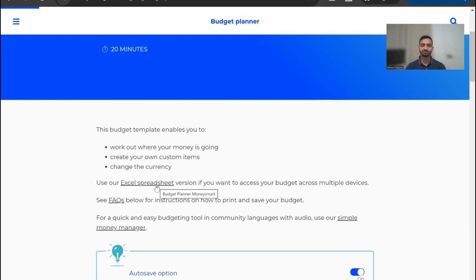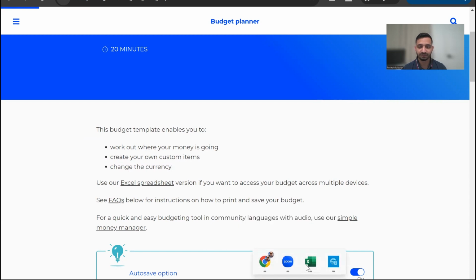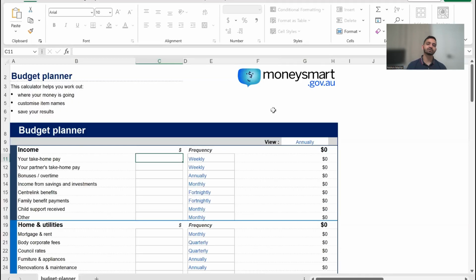Governments set their budgets on an annual basis as well, so you want to have a budget set for an annual basis. Okay, so the template looks something like this. I'm just going to show you the template. When you download the template, it's going to be like this. And this is the good thing about having an Excel template: you can maintain different budgets in different tabs.